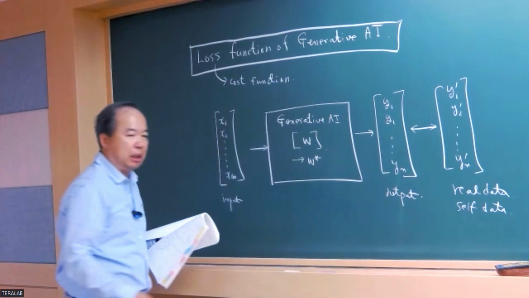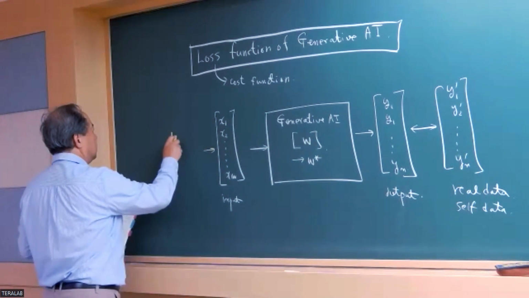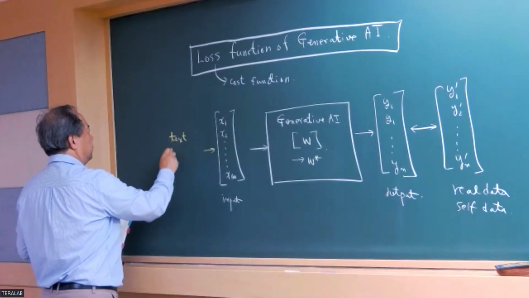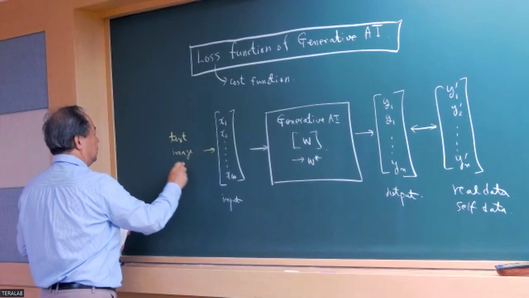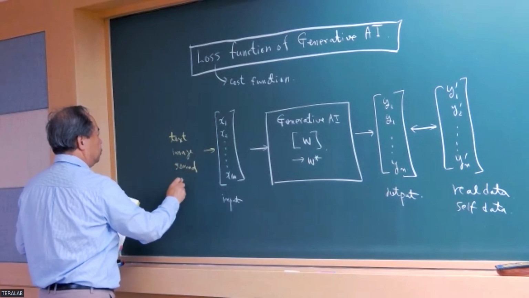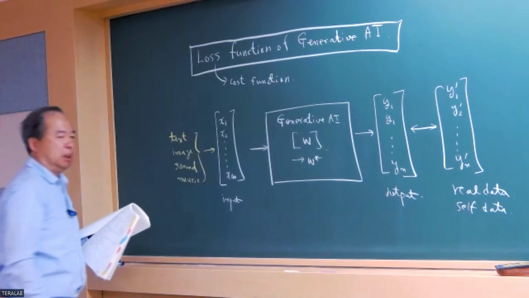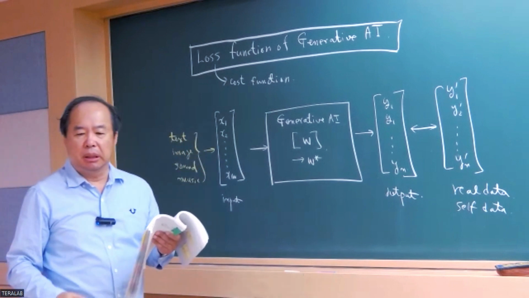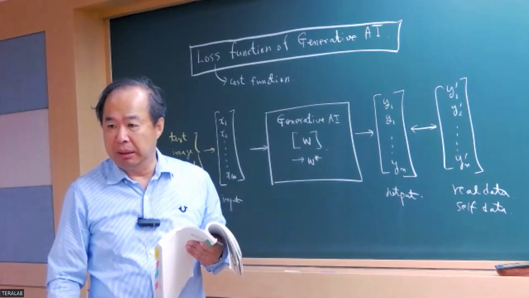In this structure, this X could be text or image, sound, or music. Input data could have many different types of format.